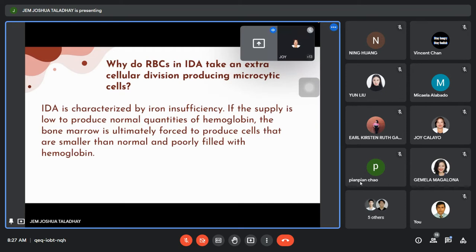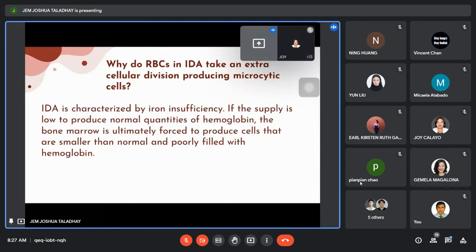I've also found another explanation. It states that abnormalities in heme or globin synthesis result in deficient hemoglobin synthesis and a delay in the signal for cell division to cease. When this happens, one or more extra cell divisions occur during erythroid cell development, resulting in the formation of microcytic erythrocytes.